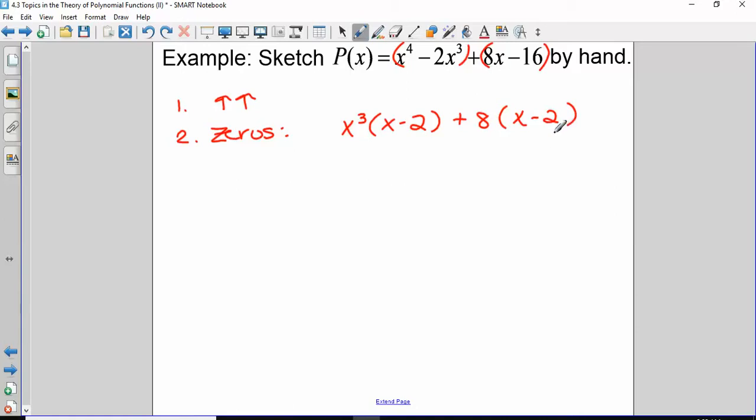Okay, what can I pull out of this? We have 2 terms. What do they both have? And if I take out the x minus 2 from each, I'm left with x cubed plus 8.